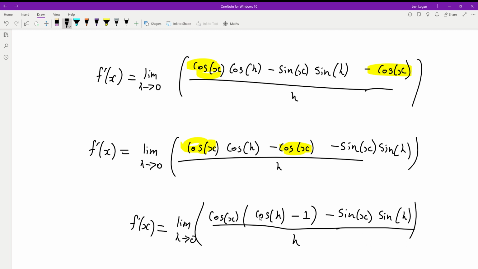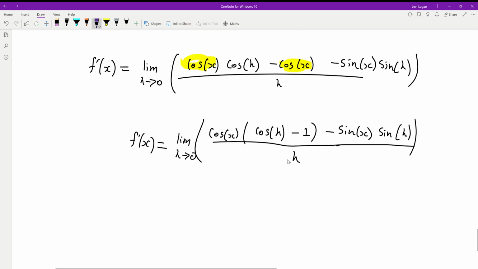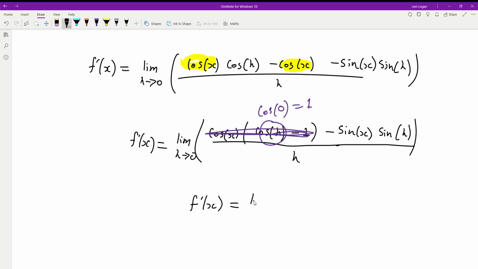Okay. As h goes to 0, this will turn into cos of 0, which is 1. So effectively I'll have 1 minus 1, which is 0, so that whole thing there disappears. So what I get is f dash of x is equal to the limit as h goes to 0 of minus sine of x sine of h all on h.